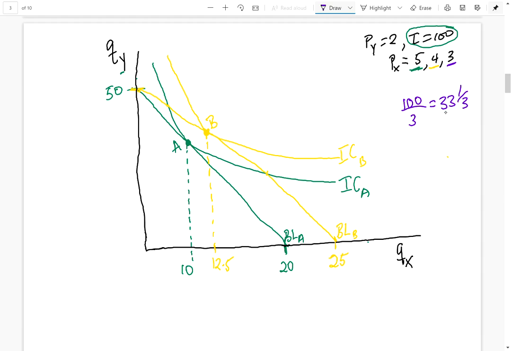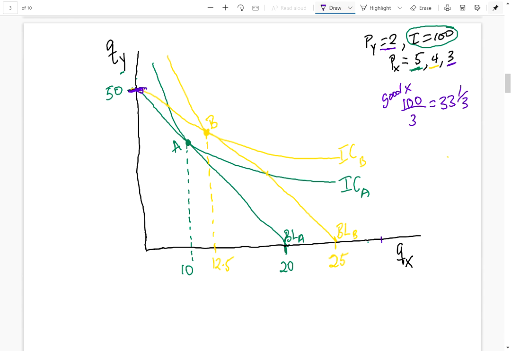Sorry, yep, good X. And for good Y, remember the price doesn't change, so it's still just going to be 50 units there. So we need 33.3333, which means that our budget line is going to rotate out.